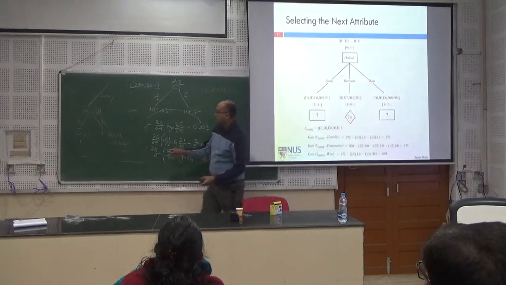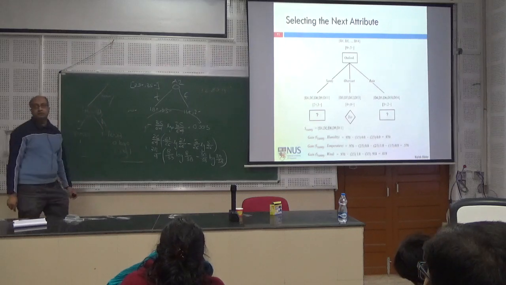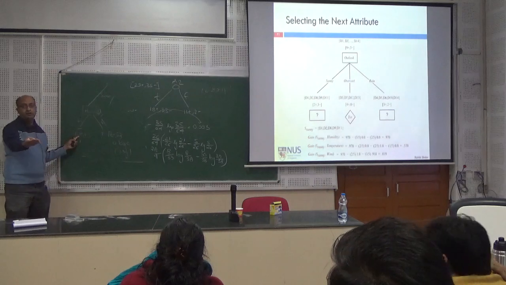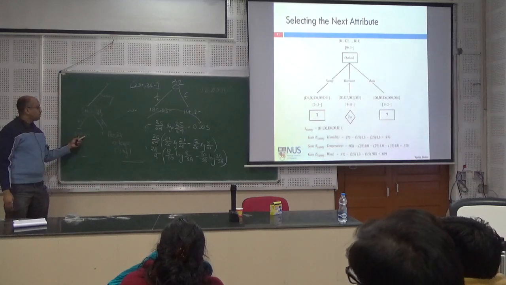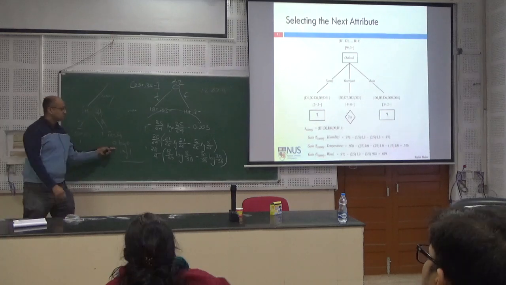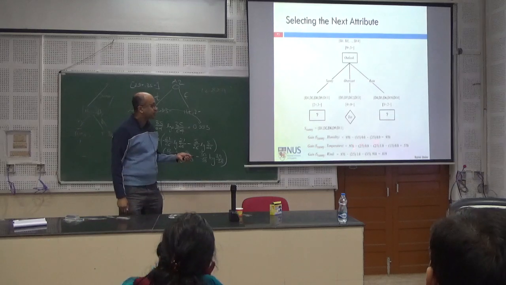So it will be 0 log 0 and 1 log 1. 0 over 3, log 0 over 3. So that's 0 log 0. And 3 over 3, log 3 over 3. 1 log 1. This is 0. So that's why these are coming out to be 0.